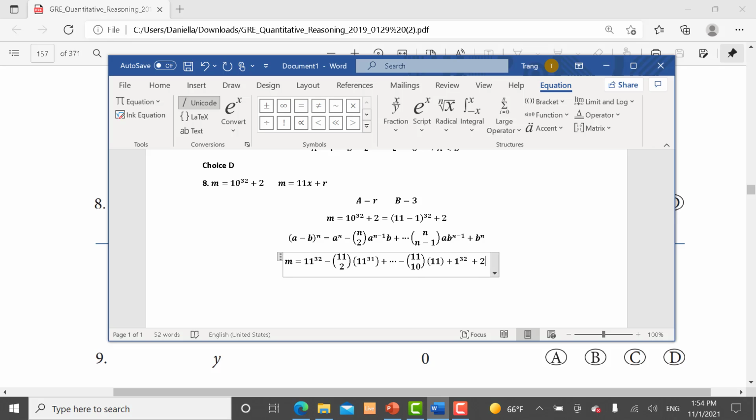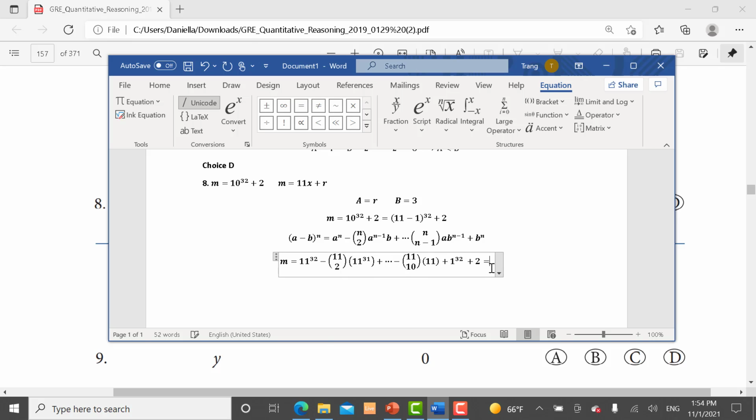So after you factorize m like this, you see that all the terms except the last 2 terms have 11 as a factor.